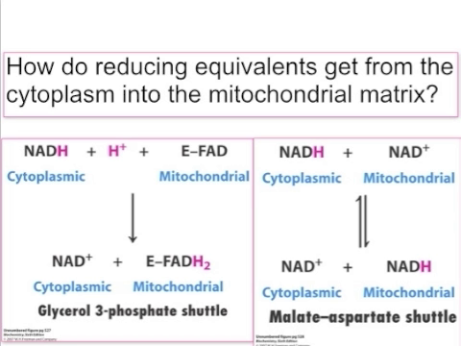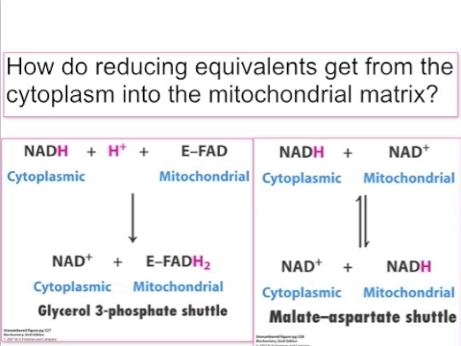Now this mitochondrial FAD is shown here as EFAD because this FAD is actually a prosthetic group that's bound into an enzyme, and we'll look at this in a little while. With the malate aspartate shuttle, we begin with NADH carrying the electrons in the cytoplasm, and we're going to pass those over to an NAD+ molecule that's in the mitochondrion. We end up with NAD+ in the cytoplasm and NADH in the mitochondria.